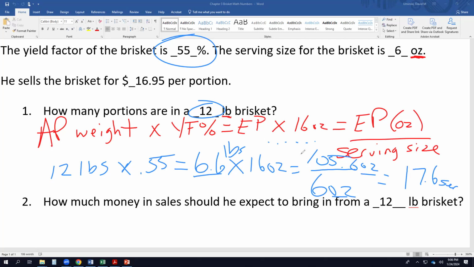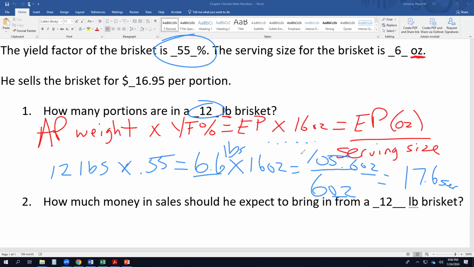Yes? There's 16 ounces in 1 pound. So if I need to convert 6.6 pounds to the total number of ounces, I'm going to multiply by 16. That's okay. You're a hospitality student, I'll forgive you. All right, so that's how we get 17.6 servings.